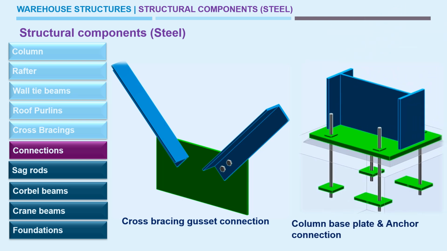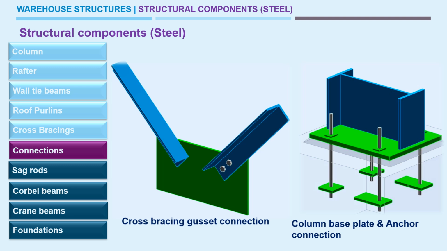Finally, in this connections chapter, we are going to look at the column base plate and anchor connections. This is a major element, which connects the structural column to the foundations. Generally this base plate is designed as a pinned connection for the column, where it is transferring the axial forces, lateral forces, and some uplift due to wind actions.